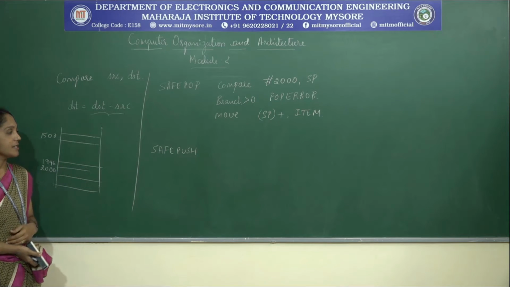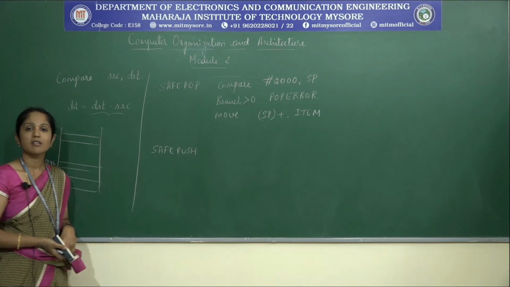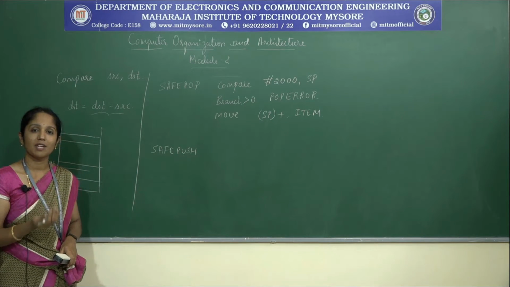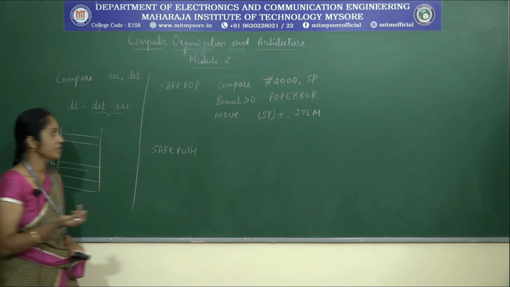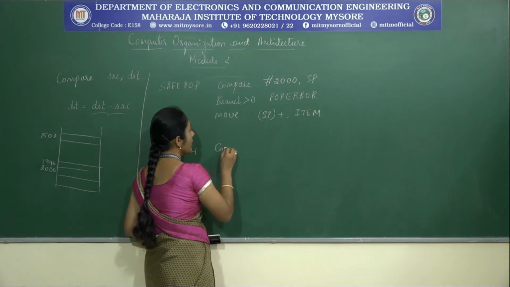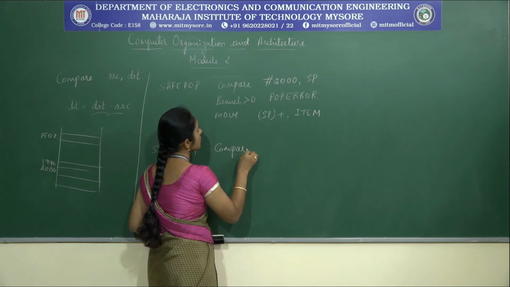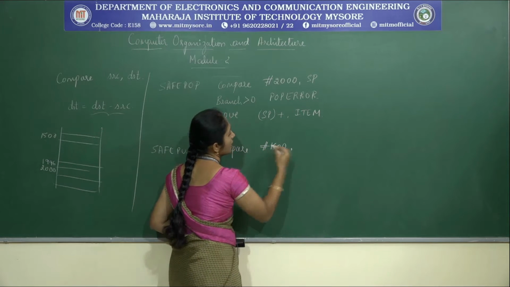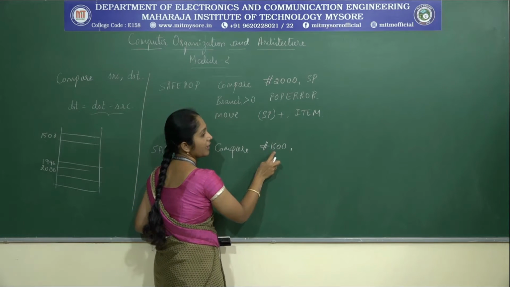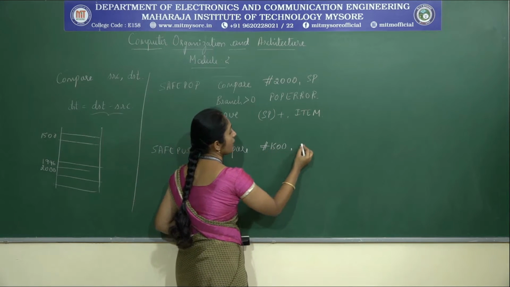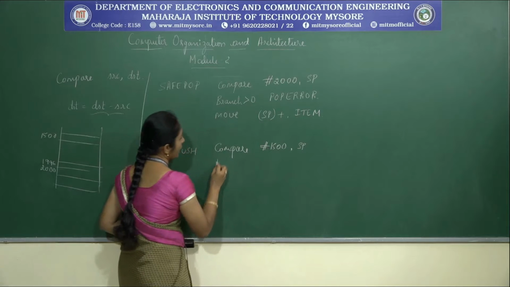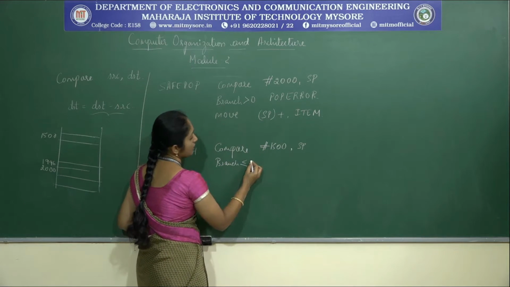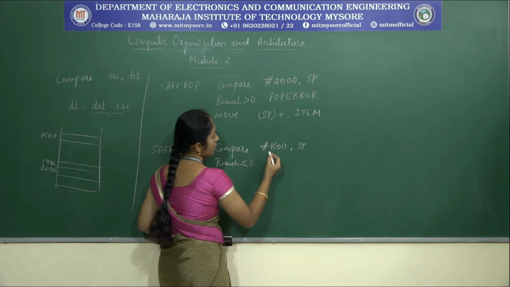Next, let us consider the safe push. Let us see what are all the instructions that must be written so that we can have a safe push operation. We have to compare 1500 with the stack pointer, because we cannot push the data beyond this, as the stack is ending at this point. Here the condition to be checked is the opposite of that, that is it should be less than or equal to 0.